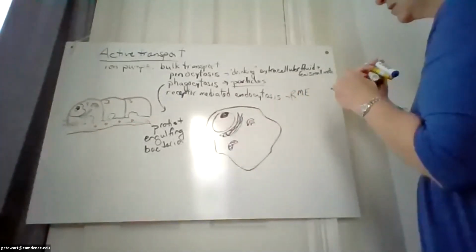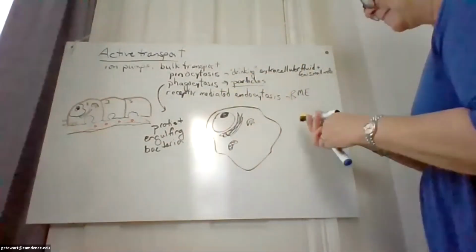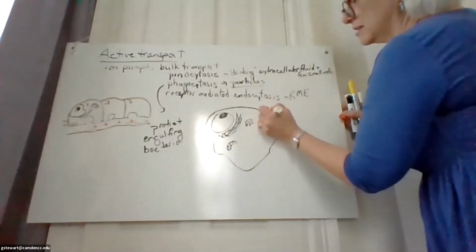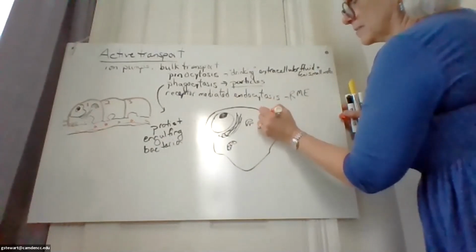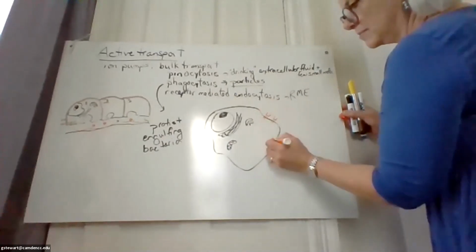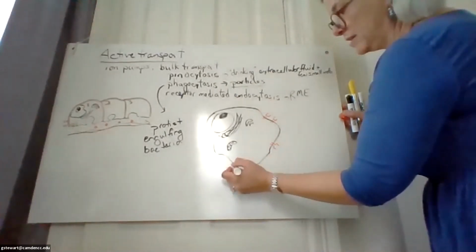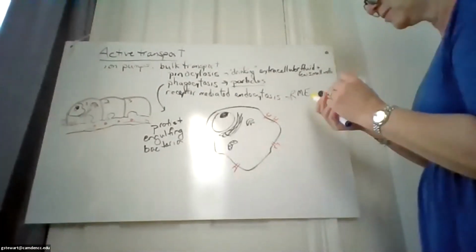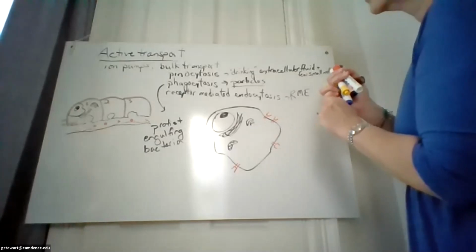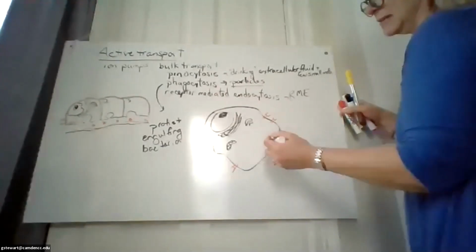So in the case of receptor-mediated endocytosis, the cell isn't just randomly taking whatever comes by. The cell specifically has proteins on its surface, and I'm going to make them very squarish, and they're located all over the cell, so the cell can get this substance from whichever direction it comes in the extracellular fluid, because remember, extracellular fluid is going to be bathing this whole cell in those little junctions and spaces between the cells.